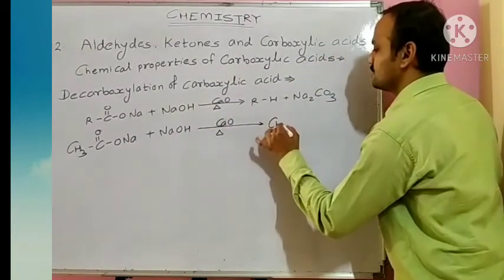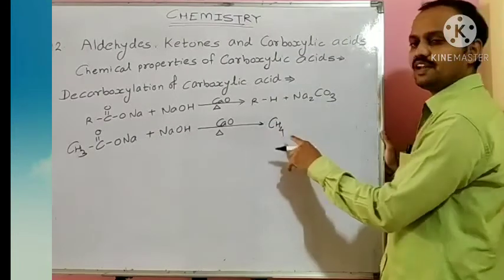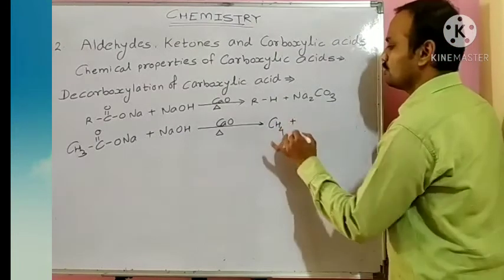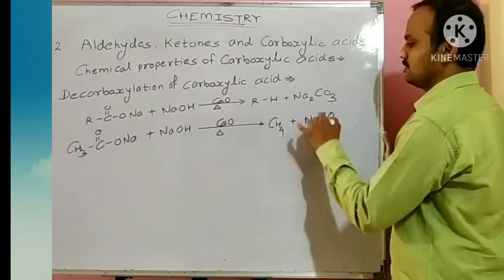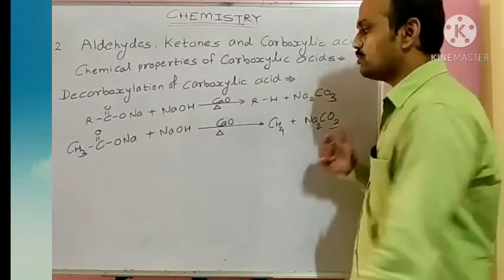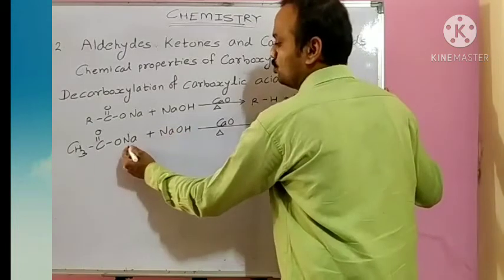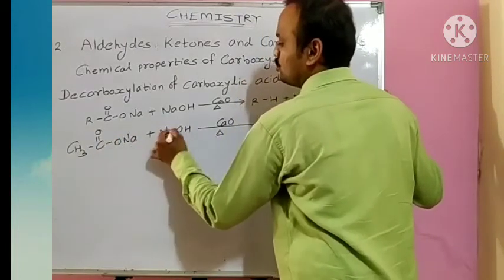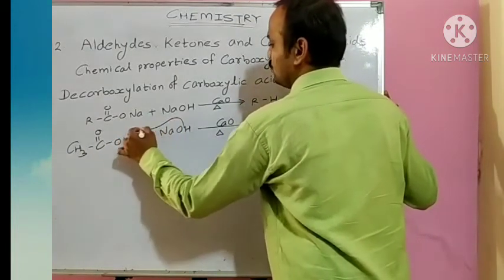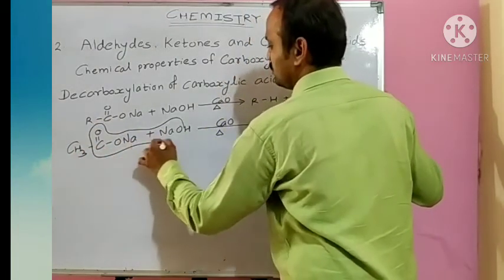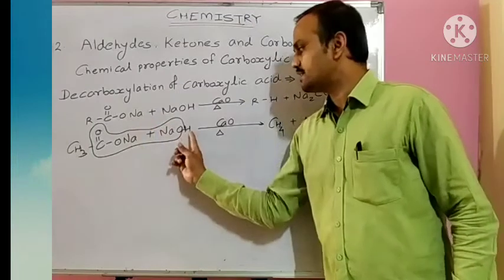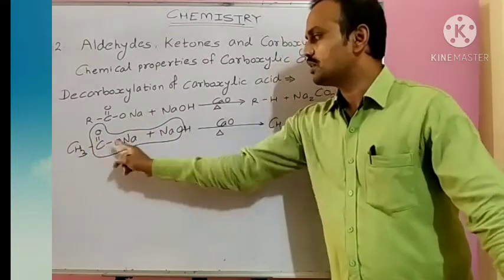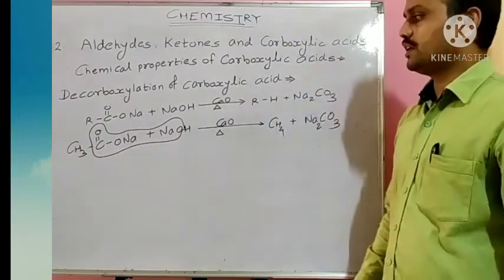We get CH4, that is CH3 and H, CH4 plus Na2CO3. How is this Na2CO3 formed? Students, this whole part will be the Na2CO3, and this H and CH3 will become the alkane.